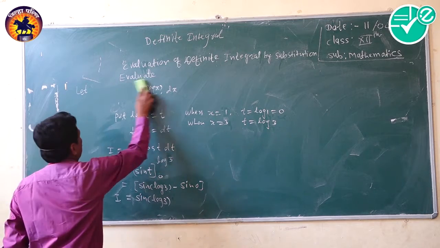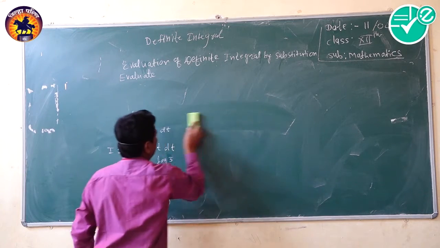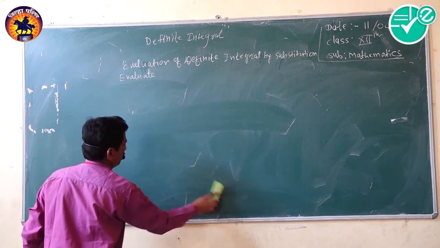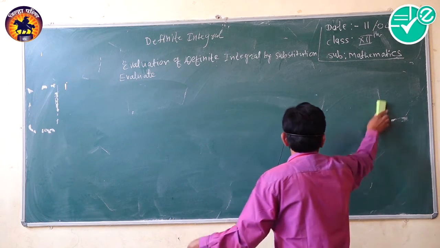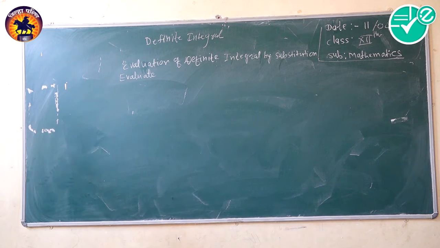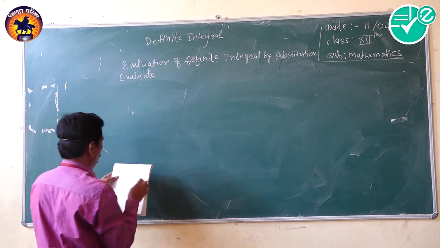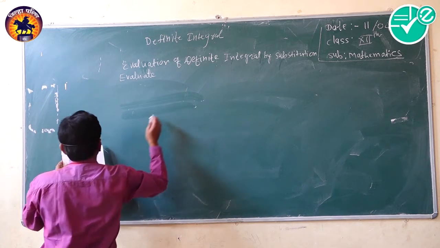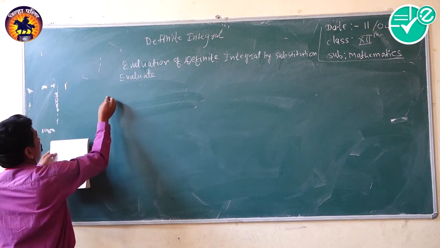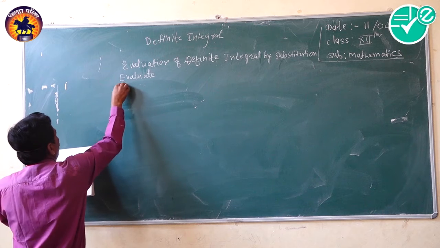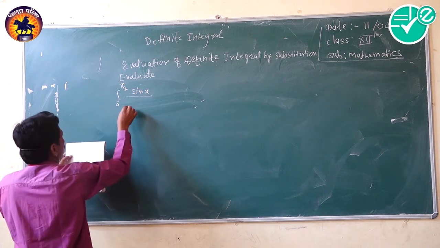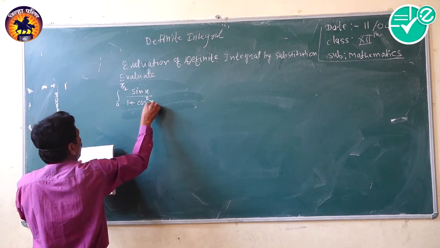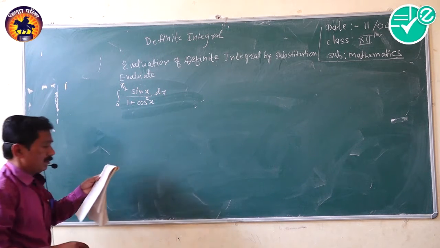Now let us take the second example. Evaluate integration from 0 to pi by 2 sin x upon 1 plus cos square x into dx.